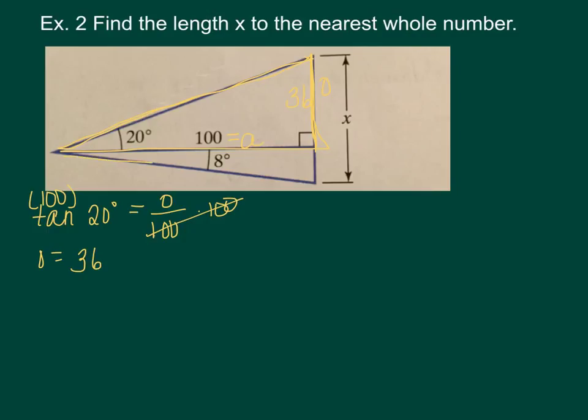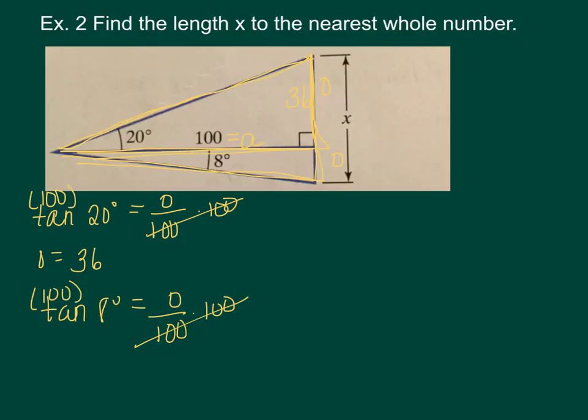Then I'm going to use this triangle, and I have my adjacent side, which is 100, and then I have to look for my opposite side. So basically the same thing. So I'm going to do tangent 8 degrees equals opposite over 100. I'm going to use the same process. 100 times tangent 8.